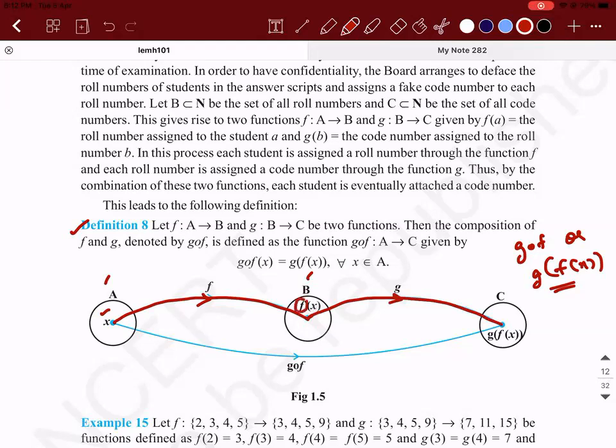See, f is an operation. What did you write in the bracket? You wrote the domain values of f, that is x. Now for g, what will you write? You will write the domain values of g. What is the domain value of g? f of x. That is why it is g circle f of x, which is mapped from A to C directly. So to avoid the intermediate step, you can create a connection like this, which is called g circle f. Is that clear? This is what is composition of function. Okay, so please make a note of it.